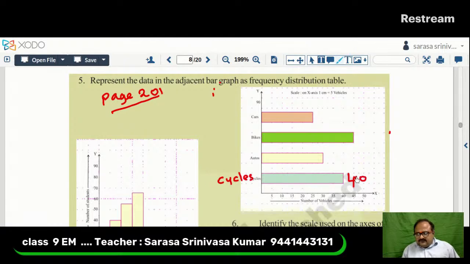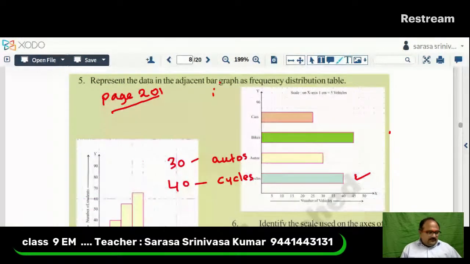The next option is autos. From the graph, autos is 30. 30 autos are there, shown on the bar graph as 30.